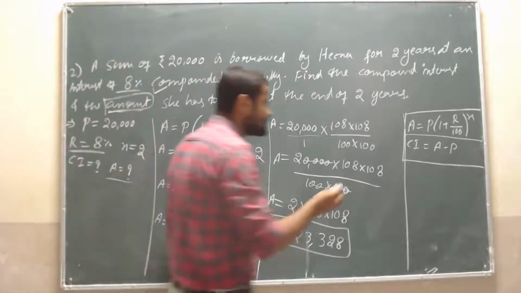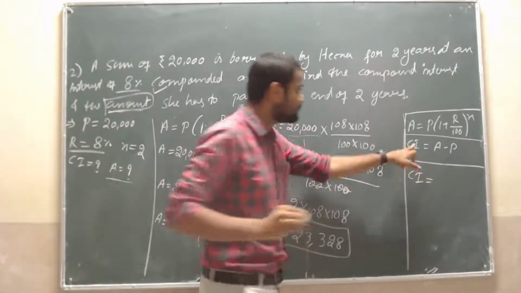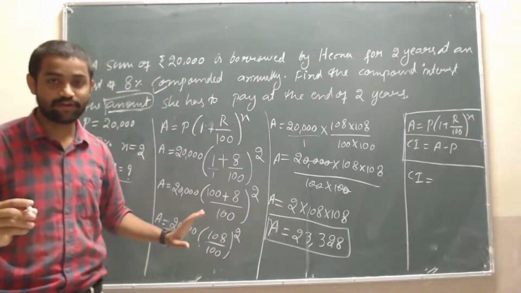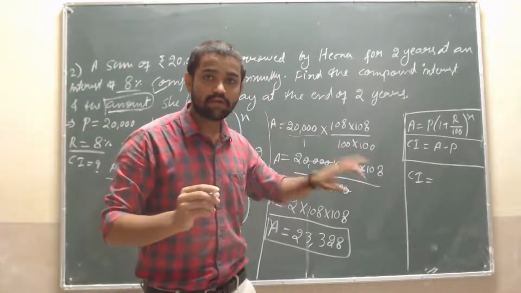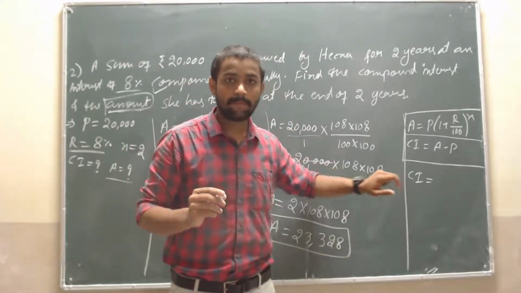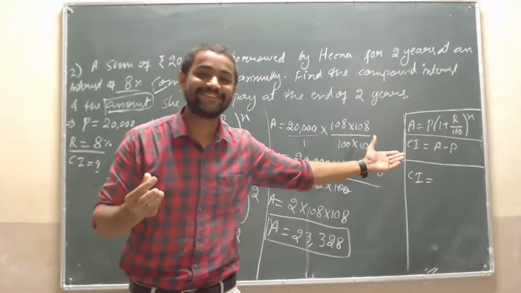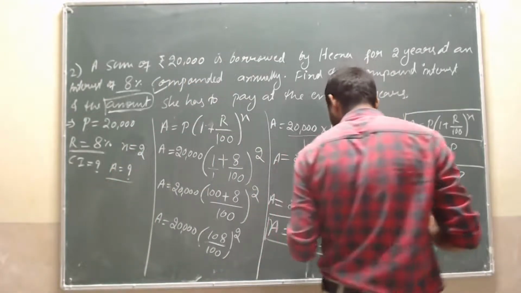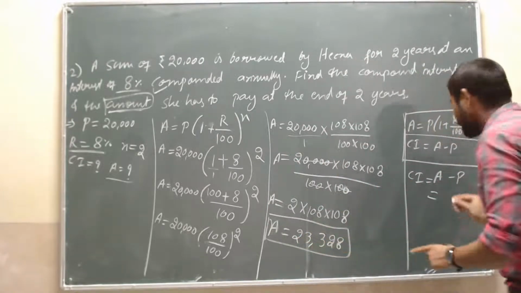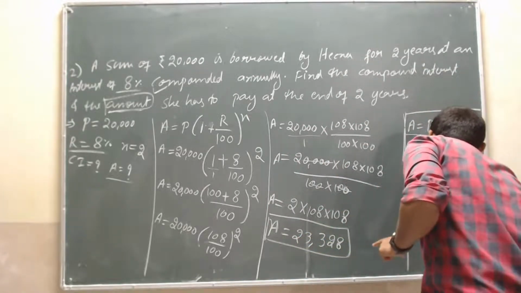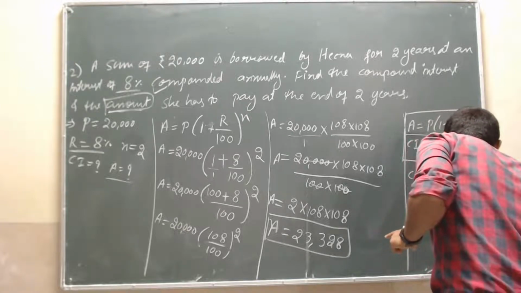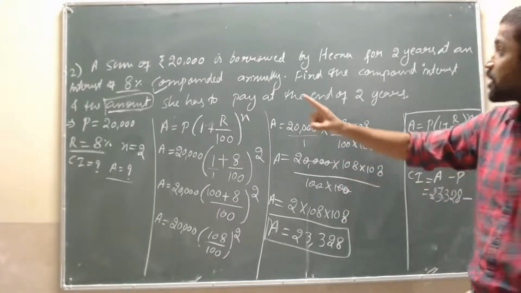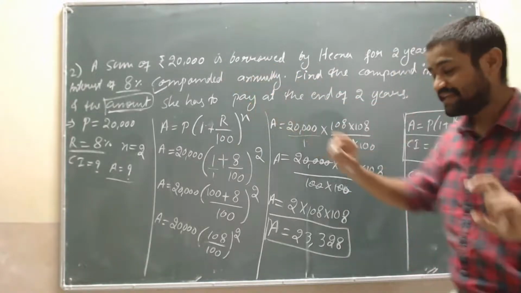Then we have to find out CI. Isn't it? Sir, we have to find the compound interest. Yes, Padma, that is 23,328. Very good. Then we have to find out compound interest. Apply that formula, that is A minus P. What is the A we have? 23,328. Write it here. 23,328 minus. What is the P? P is principal amount. Principal amount is the base amount.